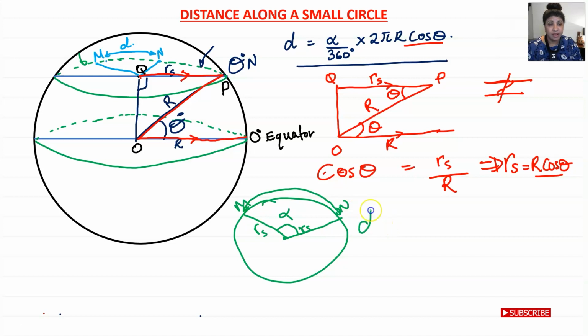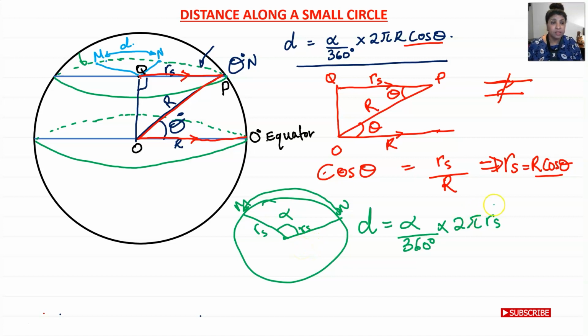So the length of the arc, which we're going to say D, is equal to the proportion of the circle that it occupies, which is going to be alpha over 360 degrees, because a full circle is 360 degrees, times the whole circumference. So 2 pi r of the small circle, because we're dealing with a small circle.